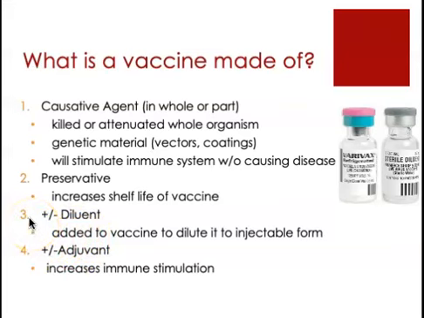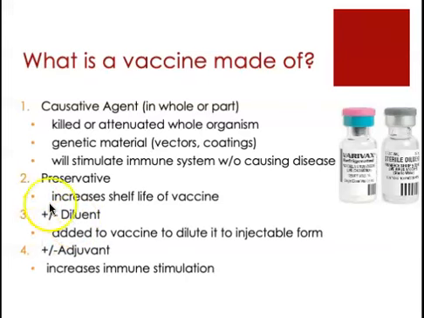The second ingredient that we find in a lot of vaccines is preservative. And the reason we add preservative to certain vaccines is because it increases the shelf life of that vaccine. The third ingredient that may or may not be found in vaccines is a diluent.